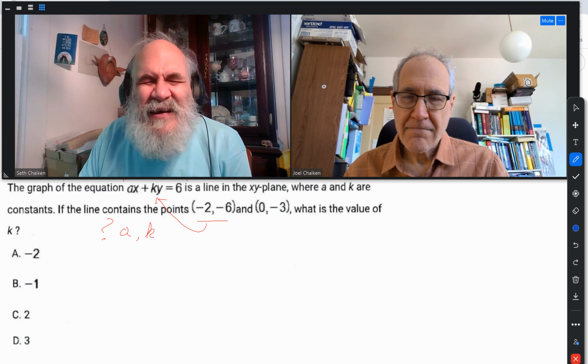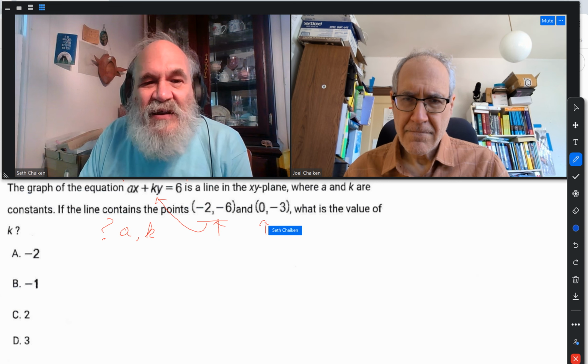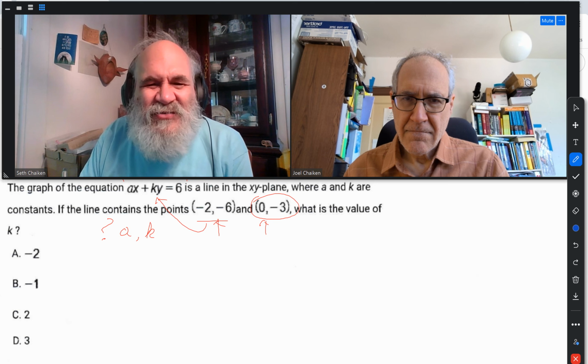And then I stared at these numbers, and I realized that when I plug in 0 for x, I get an equation that only involves k.